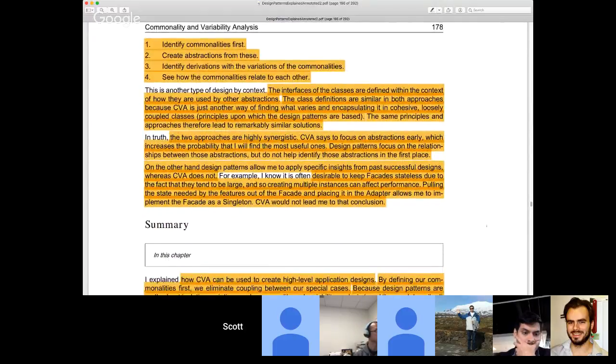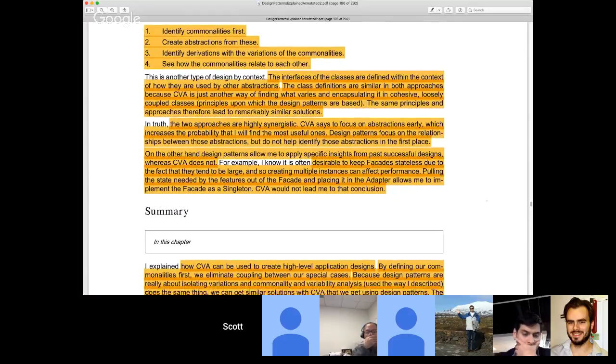And he basically goes through and says they're highly synergistic, and I kind of feel that, because if the problem was simple enough, I found that it was just easier to identify the commonalities and derive everything, because I didn't need design patterns very much.